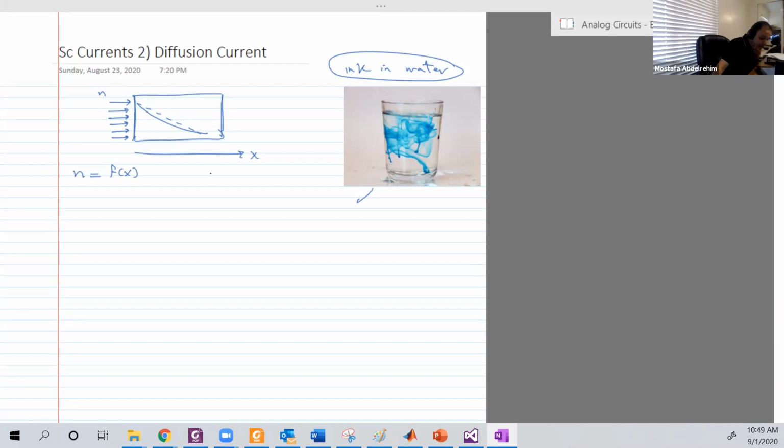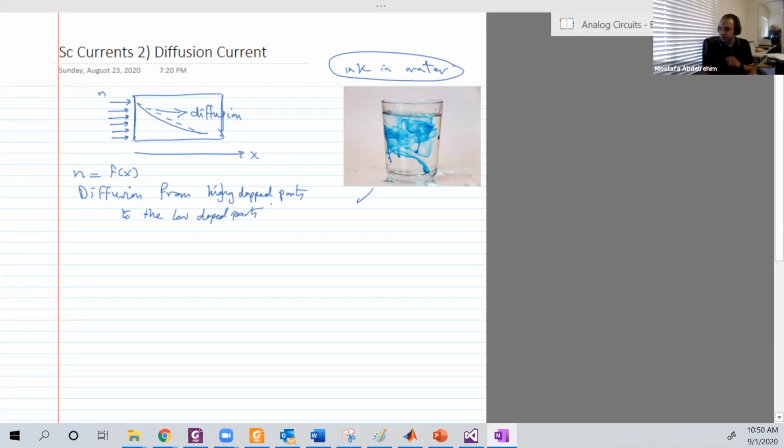So what's gonna happen here is that since there is an excessive charge here, there will be a diffusion in that way: a diffusion from the highly doped parts to the low doped parts of the semiconductor.